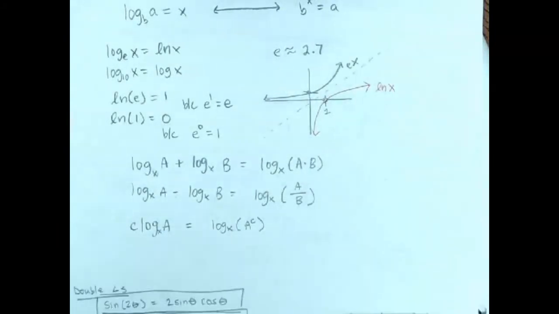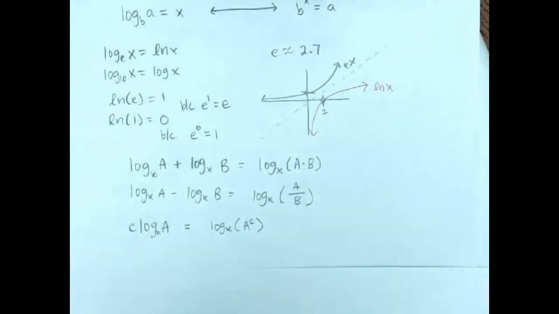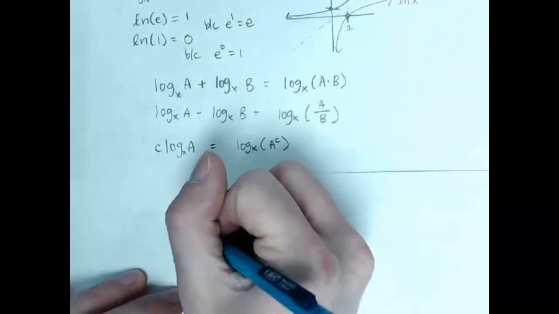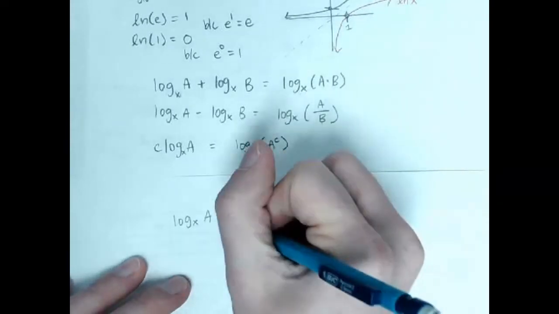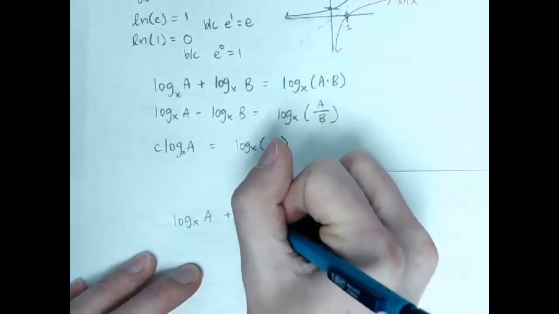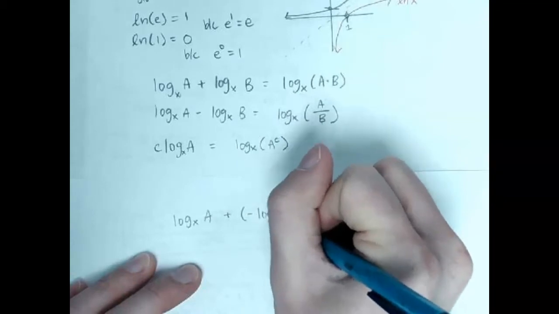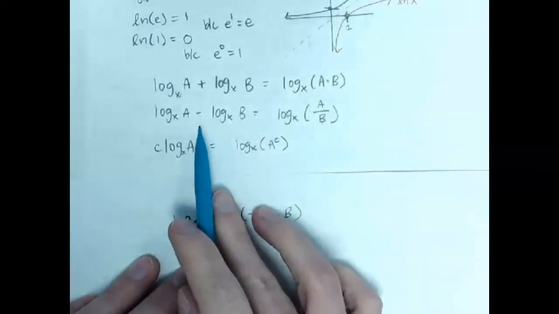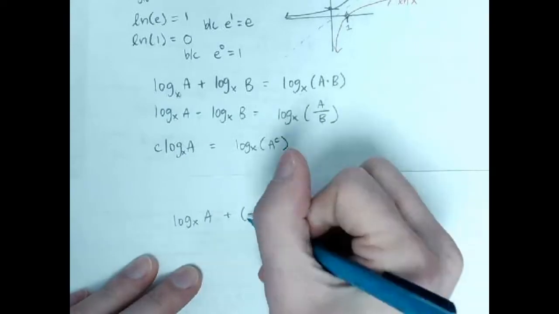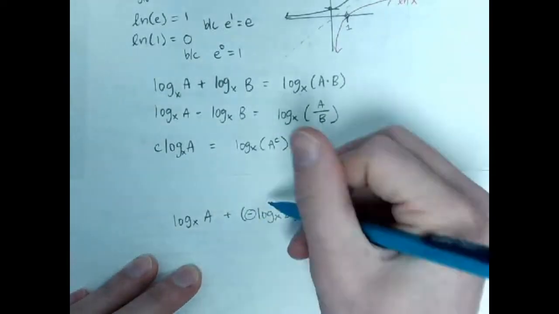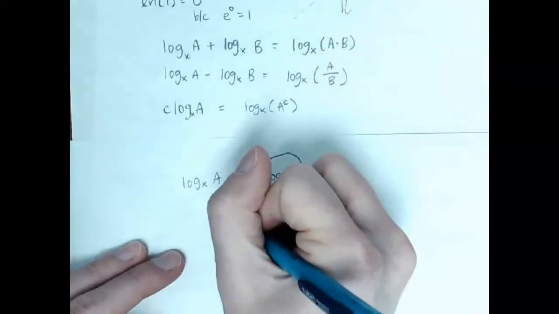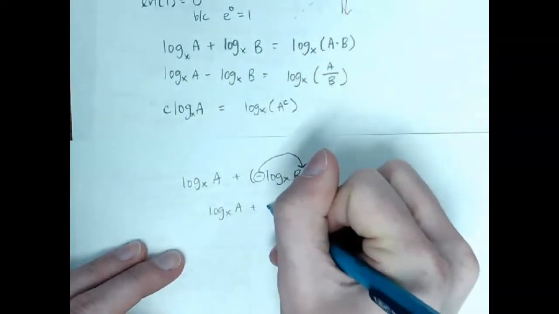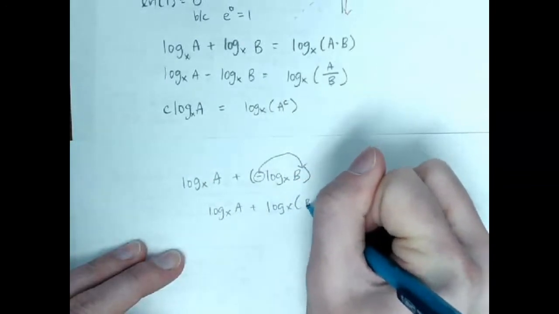If you want to think about the subtraction rule, it's really nothing new. Like, let's just say if you had a log base x of a, am I on the screen? Yep. You could rewrite that as plus negative log base x of b, right? You could rewrite subtraction into adding a negative, but then you could take this -1 coefficient and you could stick it as an exponent. So you could have log base x of a plus log base x of b to the -1st power.